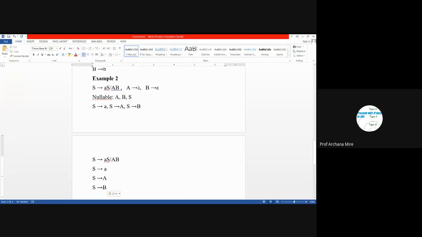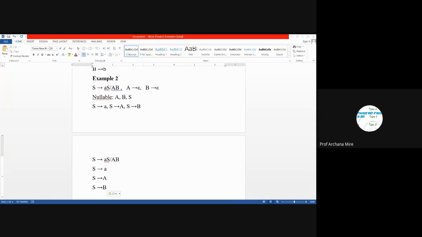So neither will there be a production rule A leading to epsilon, nor a production rule B leading to epsilon. Our new set of production rules will consist of only these. So this was another example of removing epsilon production.